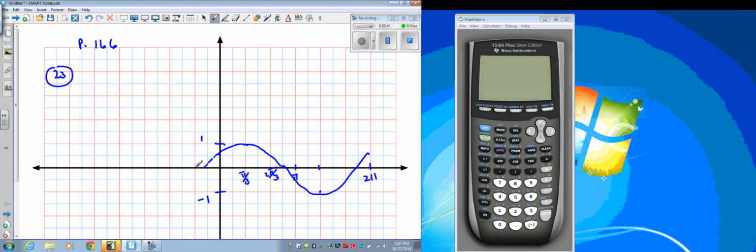See, this point right here would be a negative pi over 3. That's what it looks like to me, that this would be a sine, and it's just going to be sine of x plus pi over 6.